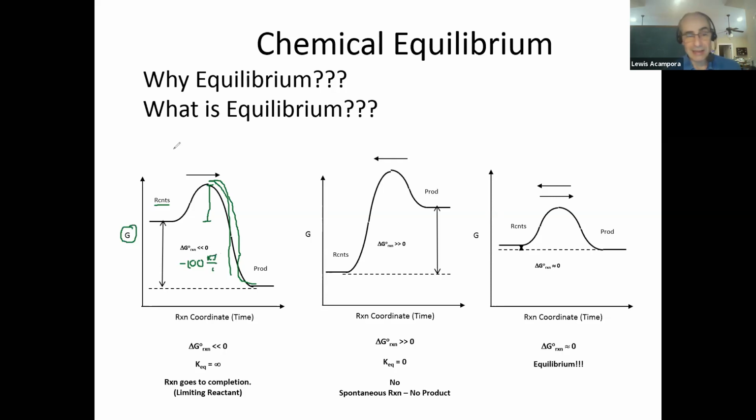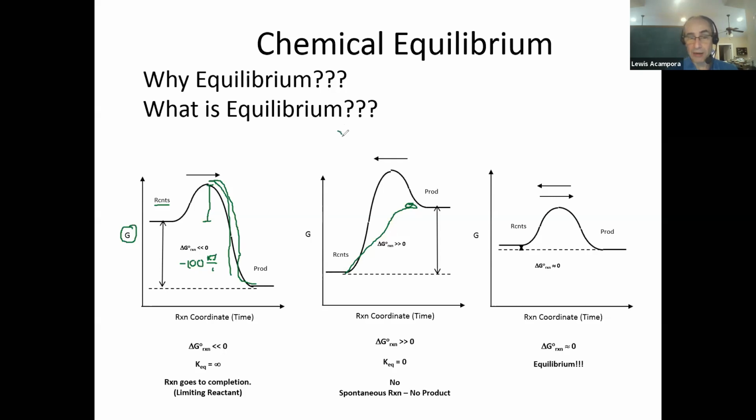The opposite, and so here's where we had 2H2 plus O2 going to 2H2O. The opposite, if we flip this graph along the vertical axis, if the reactants are much, much lower in energy than the products, then there's no way that this reaction is going to occur, certainly not spontaneously. We can make it happen, and if you've ever done an electrolysis, if you can supply a steady source of energy, you can have this reaction occur.